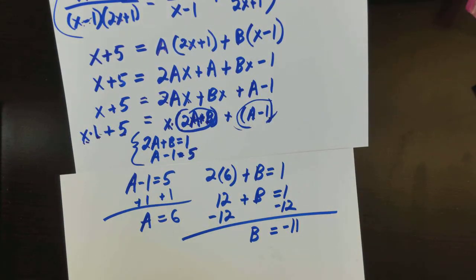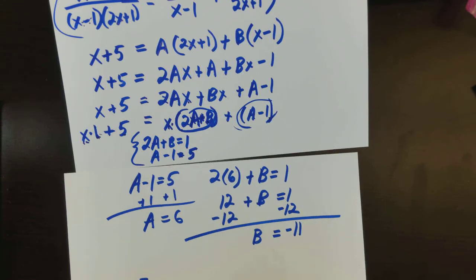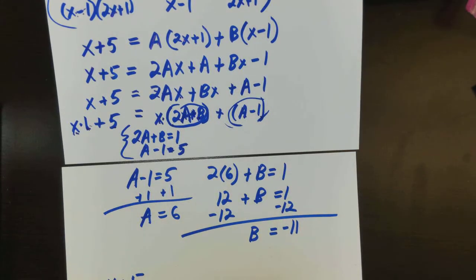And I'm going to write the final answer now. x plus 5 over x minus 1 times 2x plus 1 is equal to a over x minus 1, which is 6, plus b, which is negative 11, over 2x plus 1.